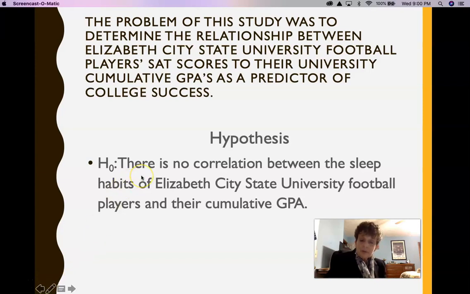So I either want to prove or disprove this. So at the end of my study, I would say the null hypothesis is correct. There is no correlation, or my research has disproved the hypothesis.